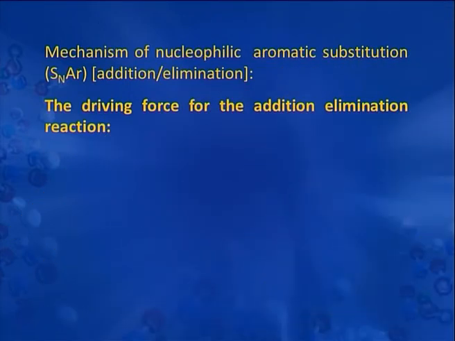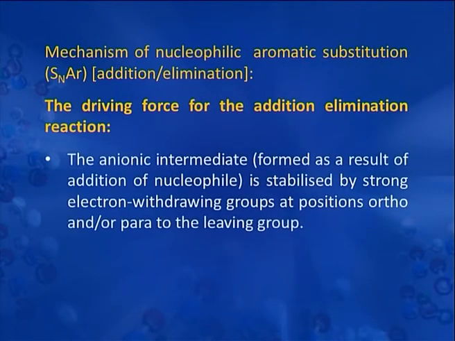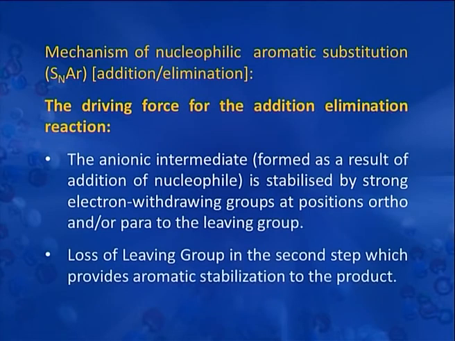The driving force for the addition elimination reaction is the anionic intermediate formed as a result of addition of nucleophile. Loss of leaving group in the second step provides aromatic stabilization to the product.